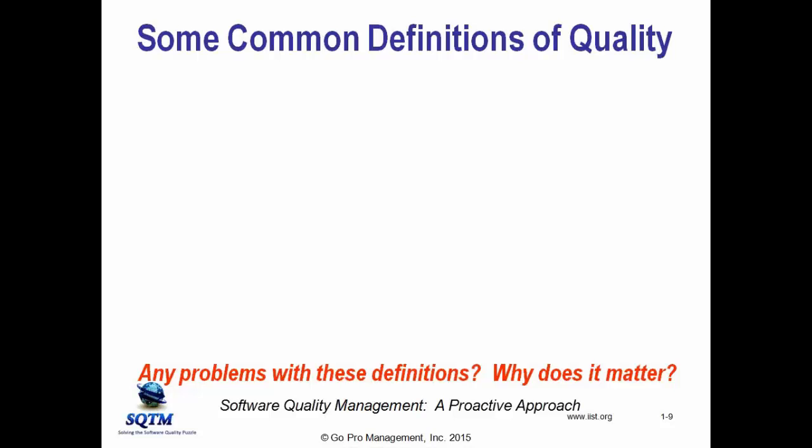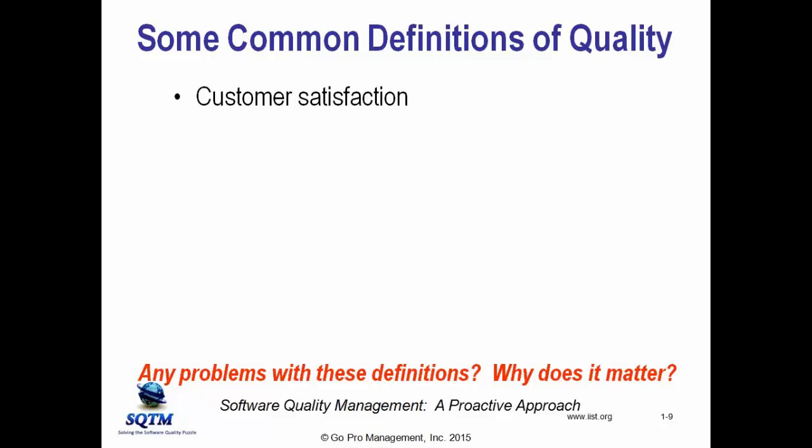But in that, we didn't really get to the other word, quality. And so I want to list a number of common definitions of quality. These are not mine, these are from other people, and many of you may be familiar with them. Let's look at each of them very quickly and see if there are any problems with these definitions.